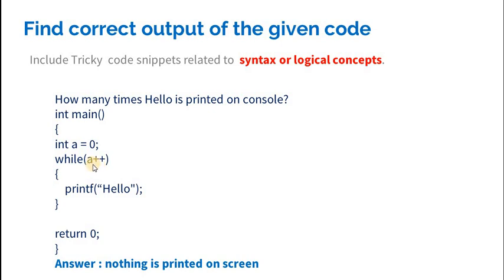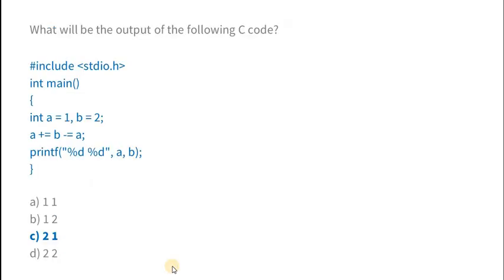That means first of all this condition will be tested and after that a will be incremented. Just a couple of minutes before, there was one question, 0 value means false and non-zero value means true. So over here the value of a is 0, that means it will be considered as false. So ultimately the condition becomes false, so no statement will be printed. So you can see over here the answer is nothing is printed on the screen.